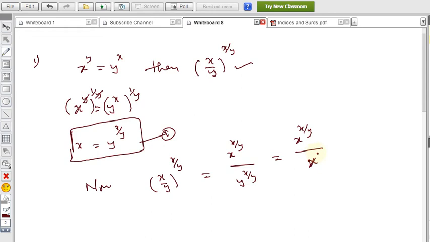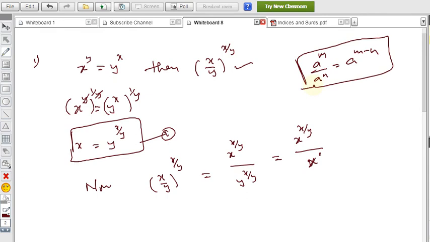Then x to the power, if there is no denominator power, it is 1. Then the formula we discussed, a power m by a power n is equal to a to the power m minus n. So x to the power x by y minus 1, that is x to the power x minus y by y.